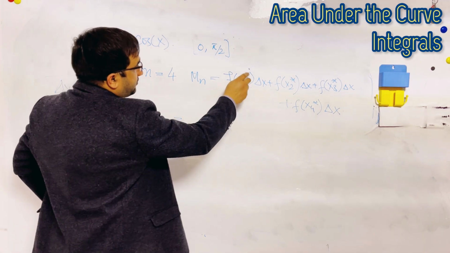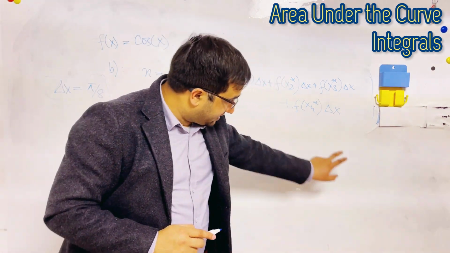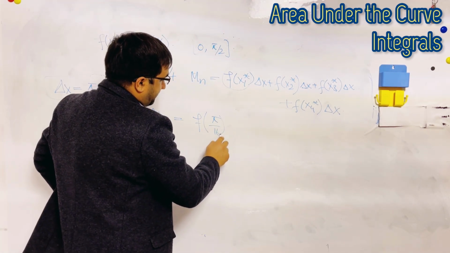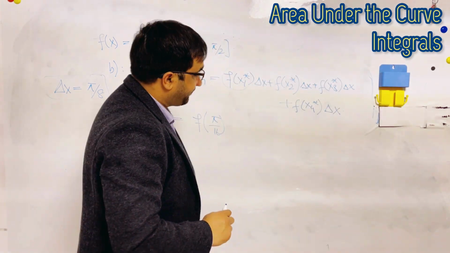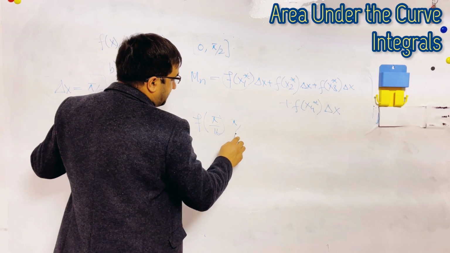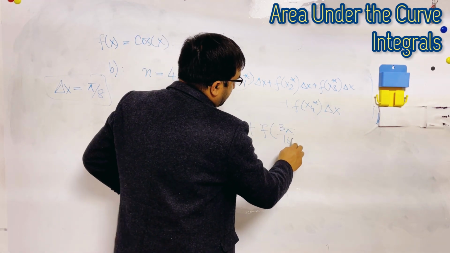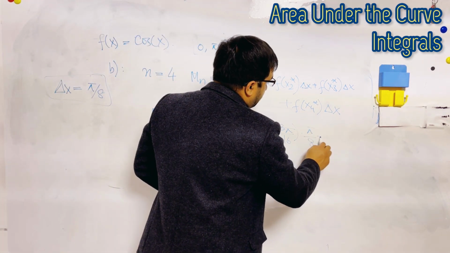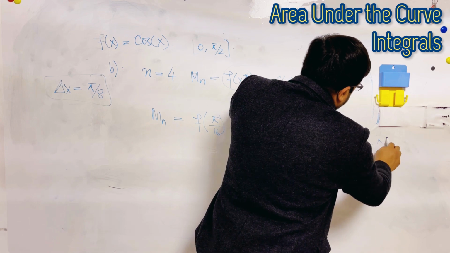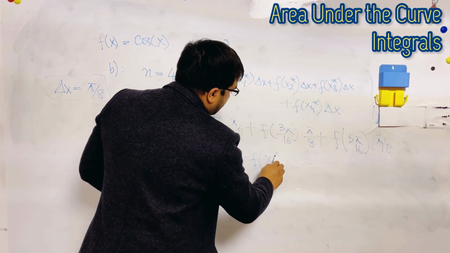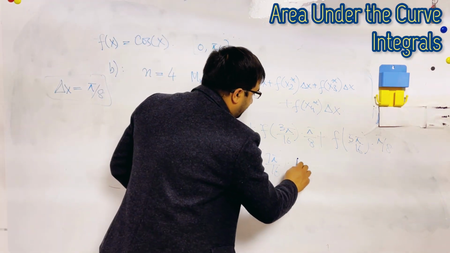So you will get Mn equals the value of the function at x1 star, which I calculated here, was pi by 16, into delta x, which is pi by 8, plus the value of the function at x2 star, which is 3 pi by 16, into delta x, pi by 8, plus the value of the function at x3 star, which we calculated was 5 pi by 16, into delta x, plus the value of the function at x4 star, which is 7 pi by 16, into delta x, that is pi by 8.